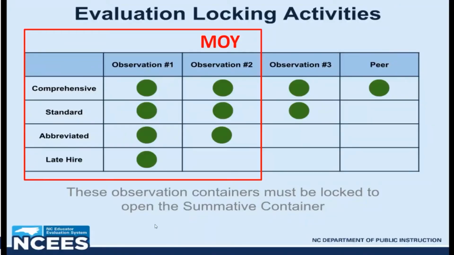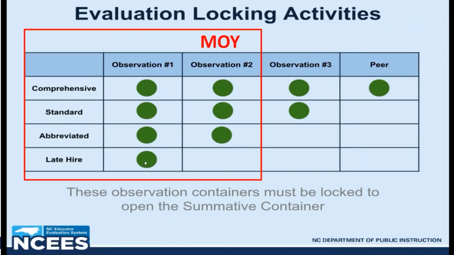As we're going through, I've marked on this screen where we're at in the process. This screen shows what must be completed before that summary evaluation container at the end of the year opens up. For the comprehensive plan, you've done observation 1 for all of the plan types, hopefully. Late hires, you may just be starting to assign those out maybe in January once your 200 days are in, or less if they have less than 200 days to be employed, I think is the wording, but I'll get that for you.